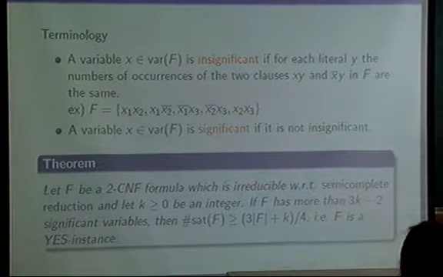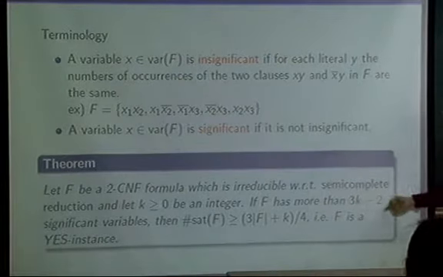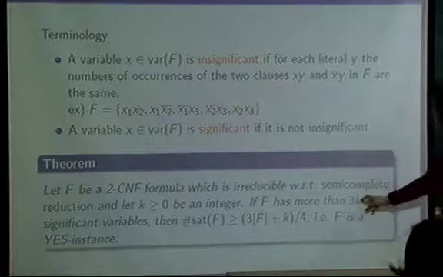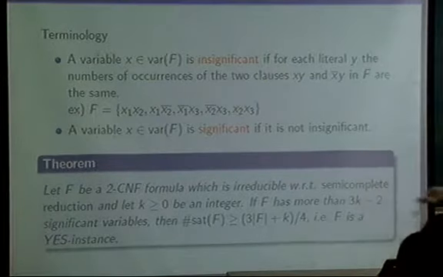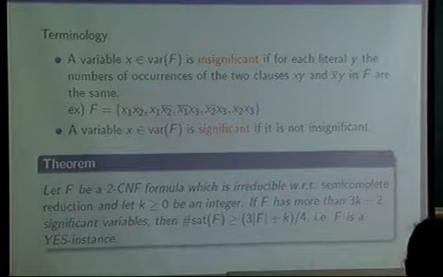Otherwise, it has fewer than 3K minus 2 significant variables. So if you try every possible truth assignment for these 3K minus 3 variables, then you can find the truth assignment that satisfies the maximum number of clauses.